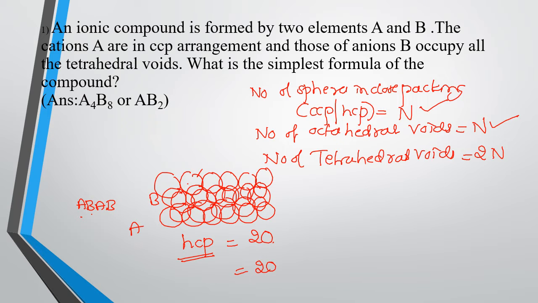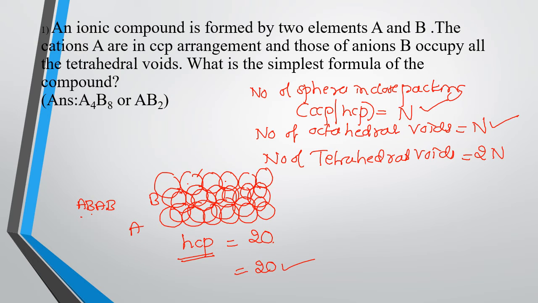What do you mean by octahedral void? It is a space created within the 6 spheres. When 6 spheres join, an empty space formed at their center, or in the middle, is nothing but an octahedral void.